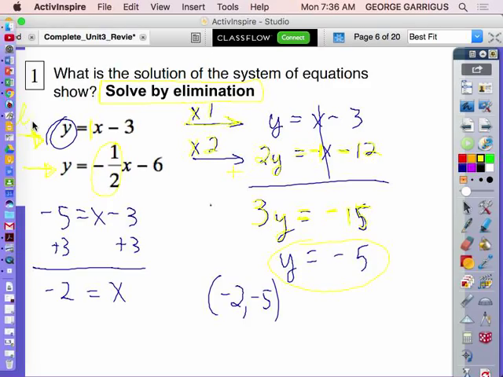I'm going to use line 1, and I'm going to put in -5 in place of the y-coordinate. So I have -5 equals x minus 3. Add 3 to both sides. And we end up with -5 plus 3, so x equals negative 2.